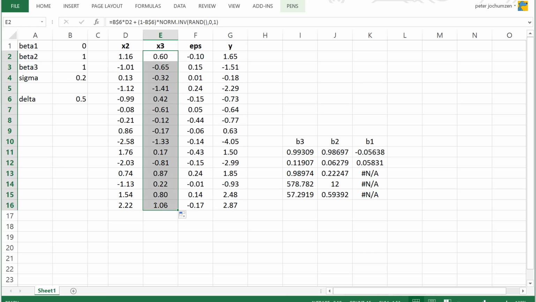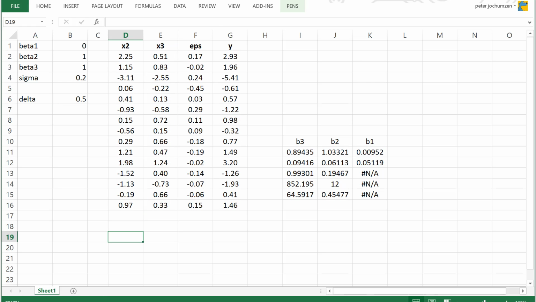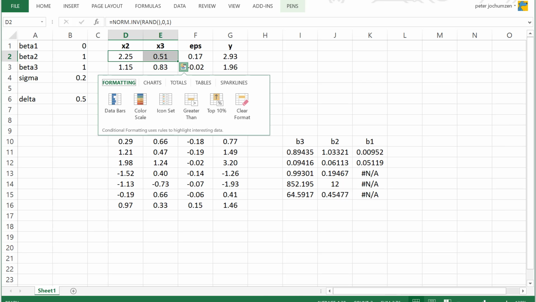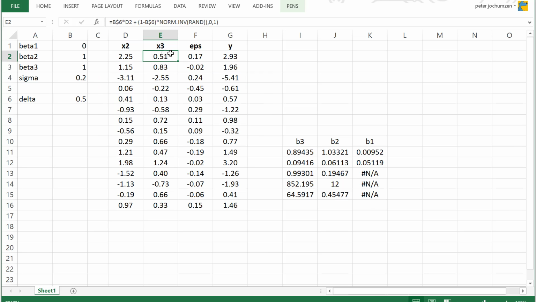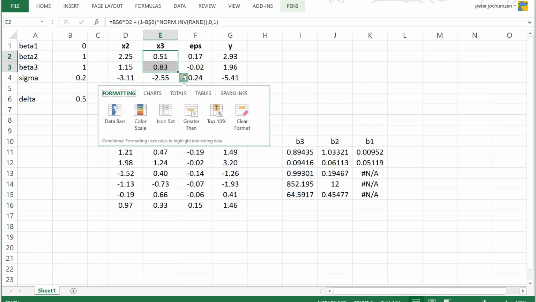So we can do that. So note that these two are now not independent. And that is simply because this one is partly determined by this one and partly by something random. So that will make them dependent. These two are independent and these two are independent.